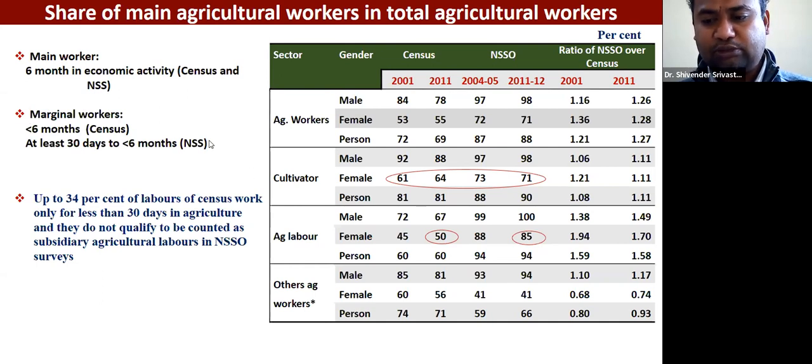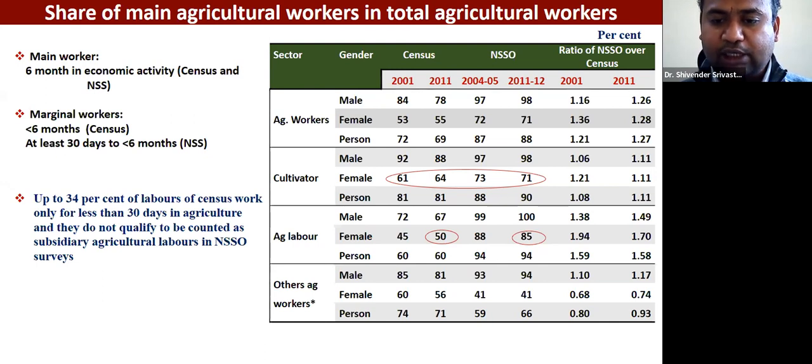But as per NSS, which is a specialized employment survey capturing employment trends, the subsidiary worker should be employed for at least 30 days. If a person is employed less than 30 days in an economic activity, he will not be counted as a marginal worker. But in the census, even if he works for even 1 day, he will be called a marginal worker.